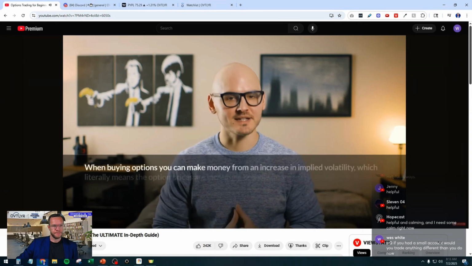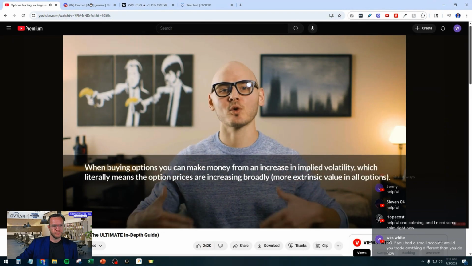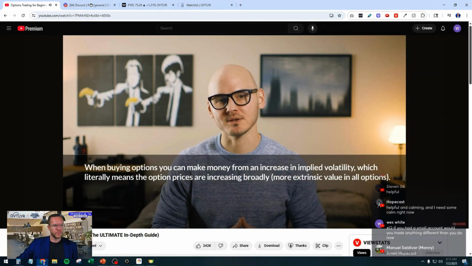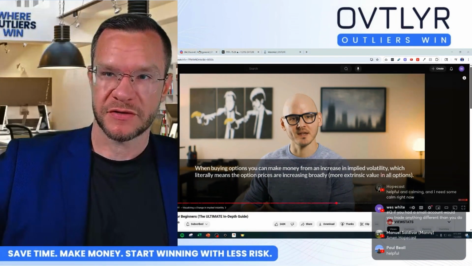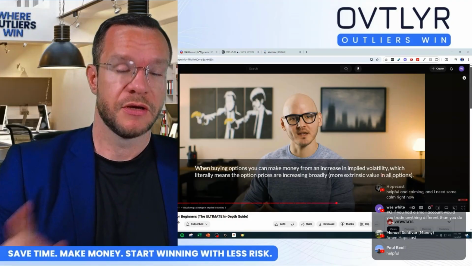So when you are buying options, you can make money from an increase in implied volatility, which literally means that the option prices are becoming more expensive because the market expects greater levels of volatility from that stock in the future. One of my very favorite trades is to buy a stock as it's going into earnings.